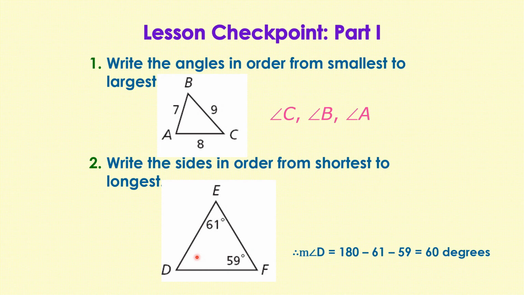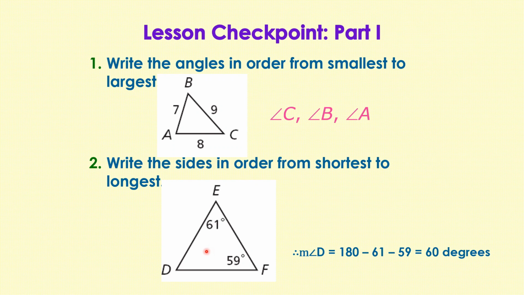So if this is 60 degrees, the smallest angle is 59. That means side DE is the shortest side. Next is 60. That means next to DE is side EF.